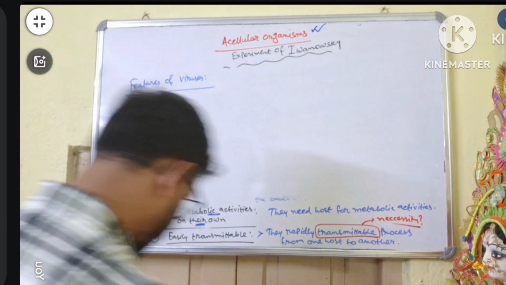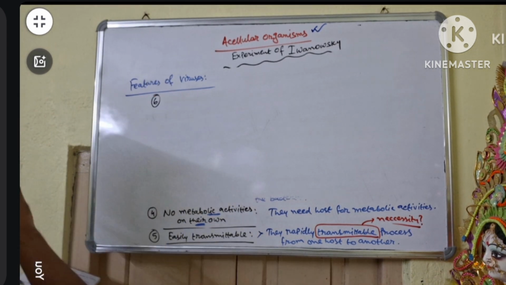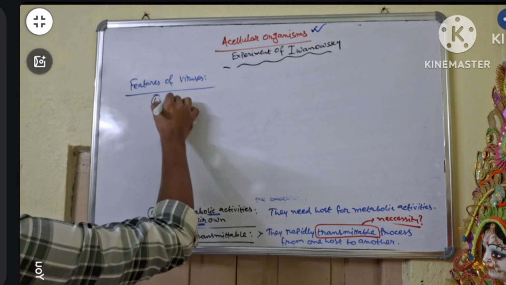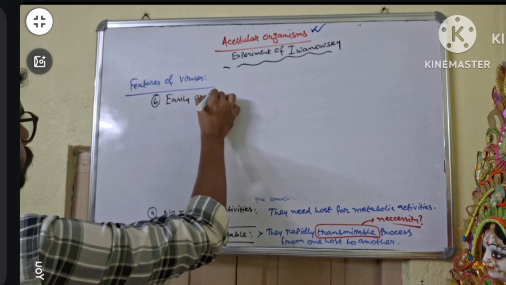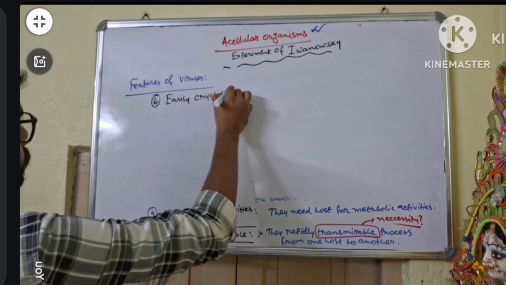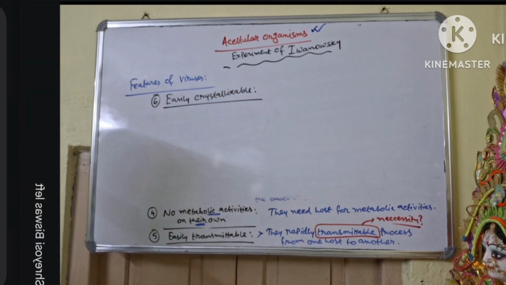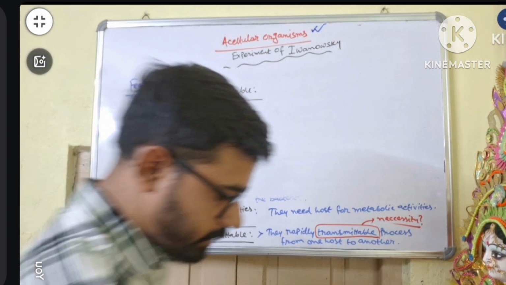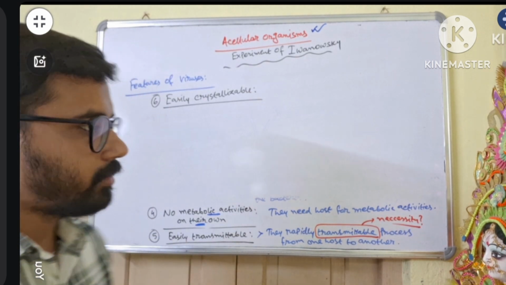Number 6, easily crystallizable. Yes, this feature was shown by Stanley, that virus can be crystallized.